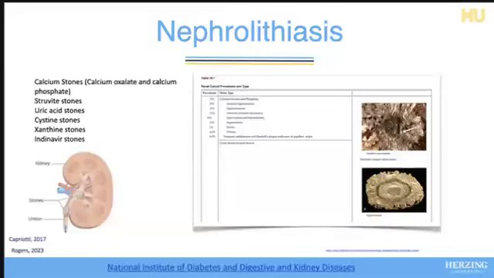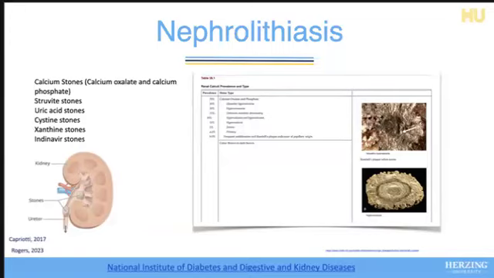The next thing we're going to talk about is nephrolithiasis, or simply kidney stones or renal calculi. The primary pathophysiology behind nephrolithiasis is supersaturation, which is the presence of a higher concentration of solute or salt within a solvent, or urine, than can be dissolved.